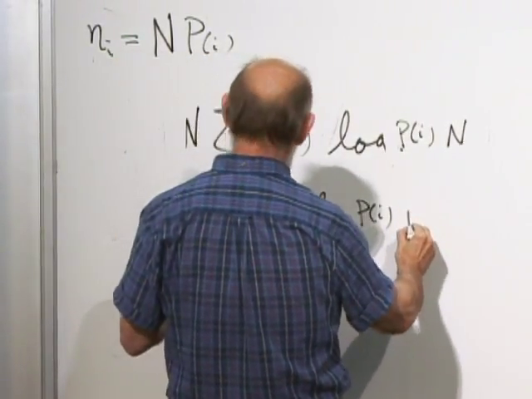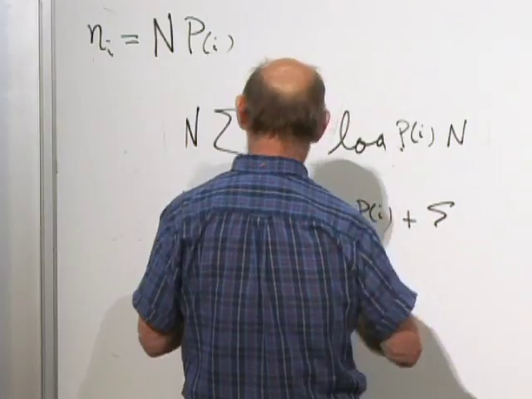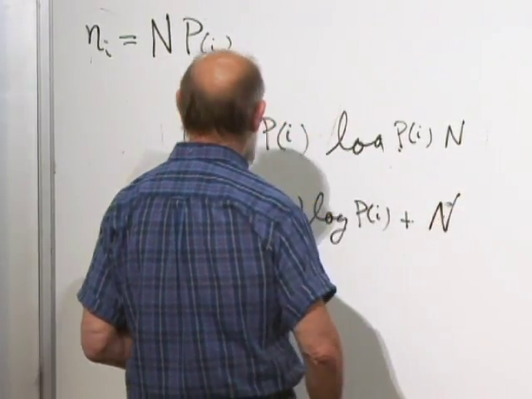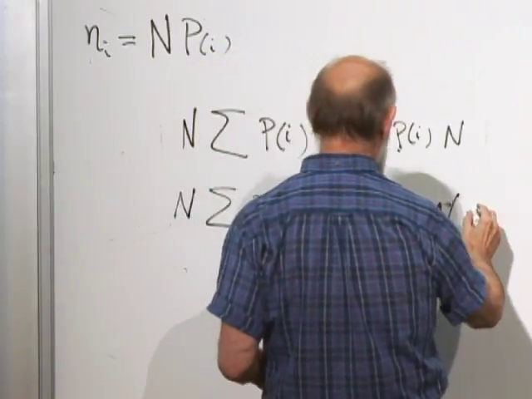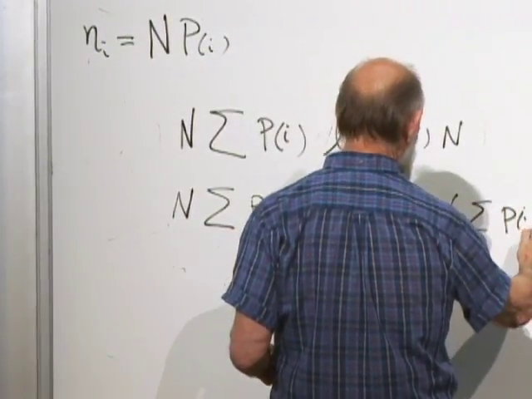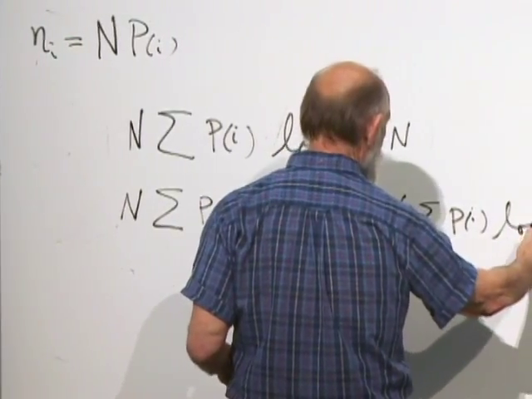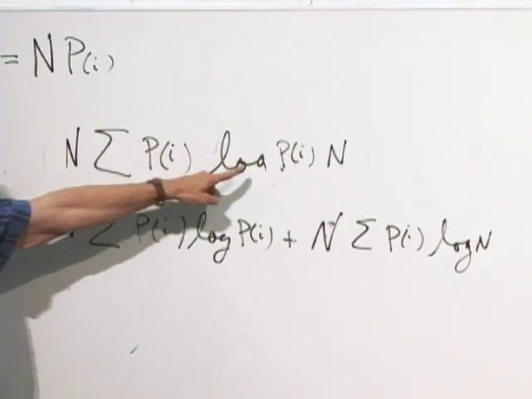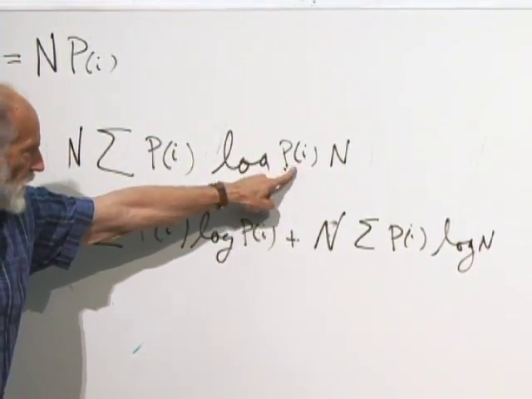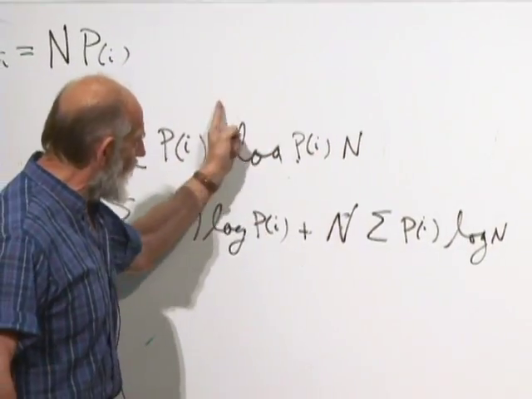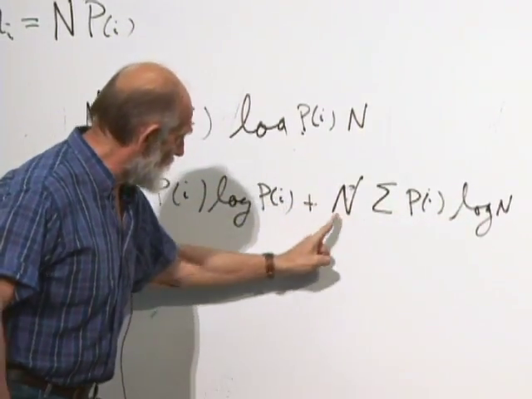And then plus n summation over i of p of i times log n. See where that came from. The first term is gotten by just taking the log of p sub i. The second term is gotten by replacing the log here just by log of n. So that's this.